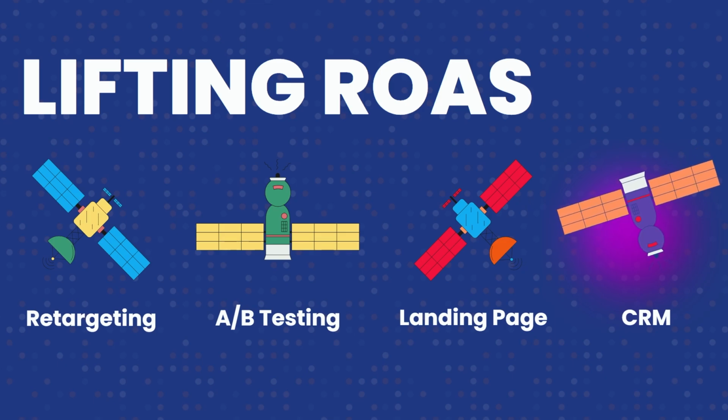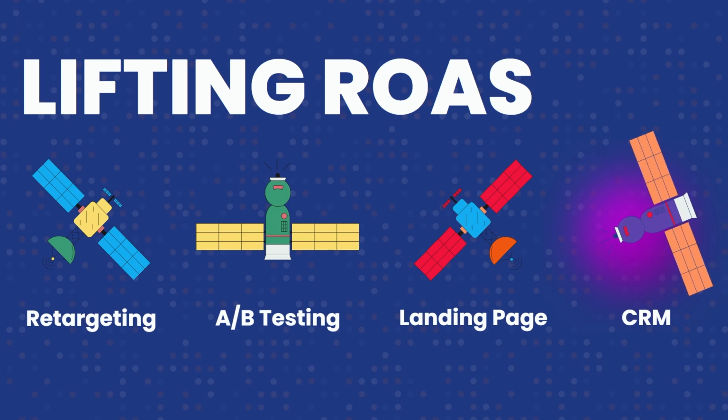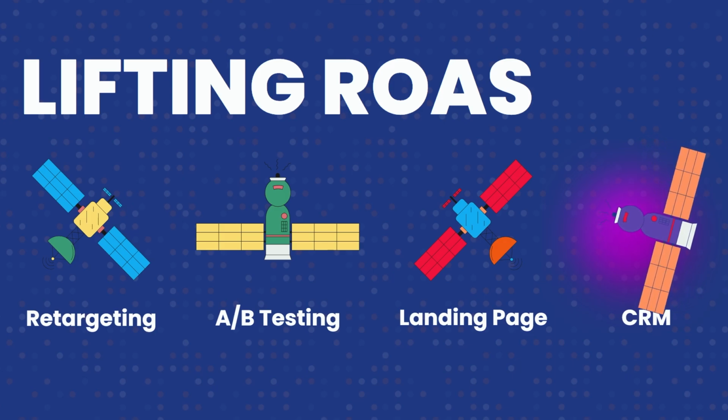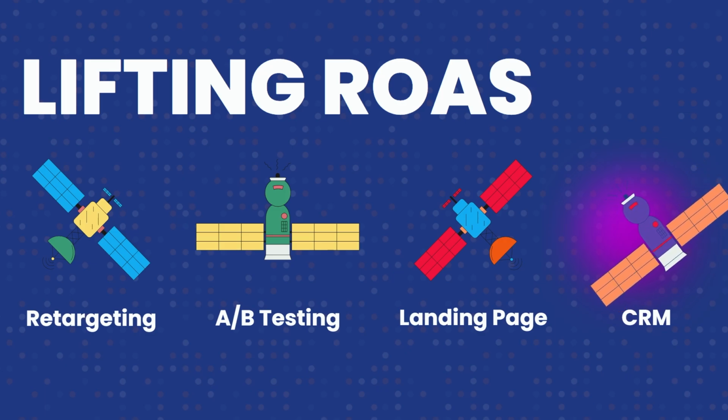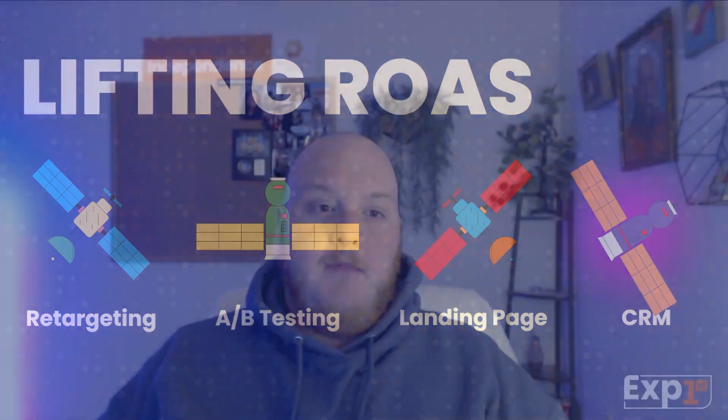Last but not least, on lifting ROAS, let's talk about a CRM. A CRM system is customer relationship management software. You can think of things like HubSpot, Salesforce, Zendesk. They're all going to be a different kind of CRM. What these allow you to do is market and sell all in one platform.